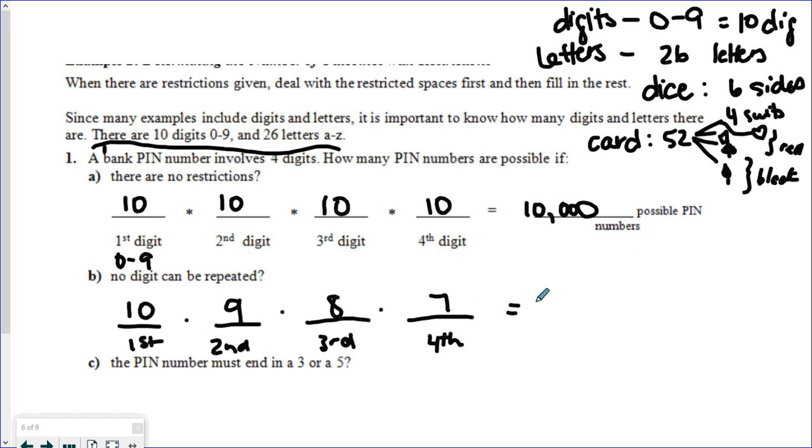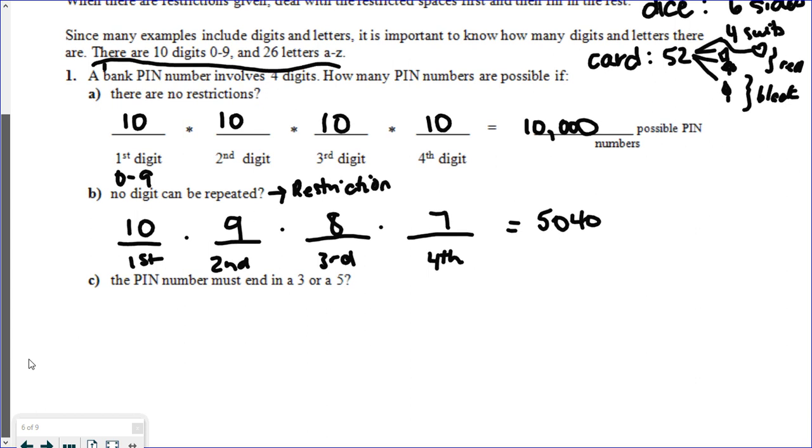So 10 times 9 times 8 times 7 is 5,040 different PIN numbers that can be generated if we have a restriction. That's what a restriction is in this case. It's saying you can't do something, so that's a restriction.